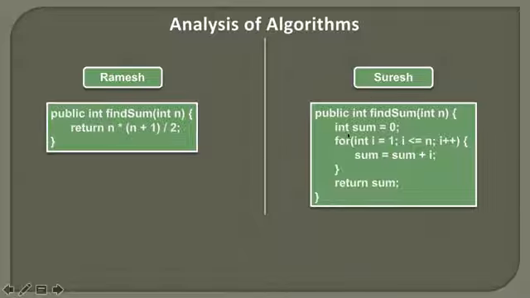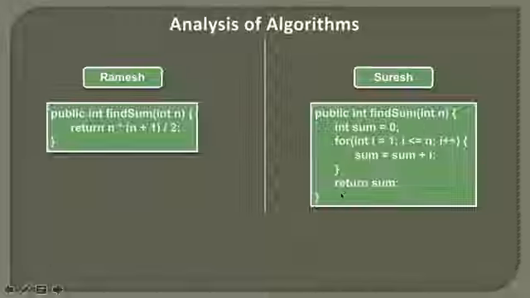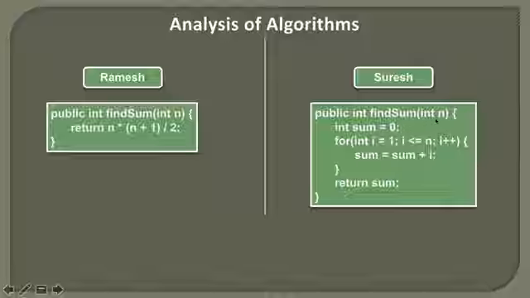And here Suresh has written another algorithm, which is what we discussed in our previous slide: 1 plus 2 plus 3 plus 4 plus 5. So what he's actually doing is creating a variable sum, initializing it with 0, and providing a for loop which starts from 1. So here i equal to 1, and this i will go until it's less than or equal to n.